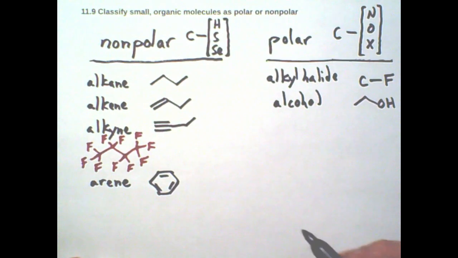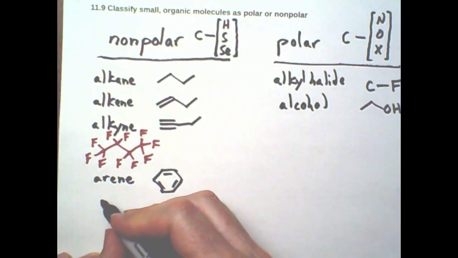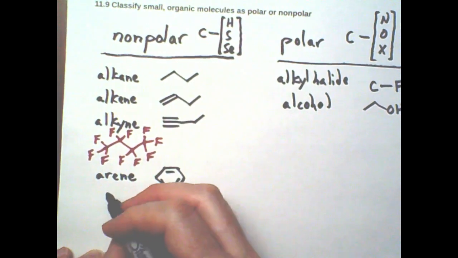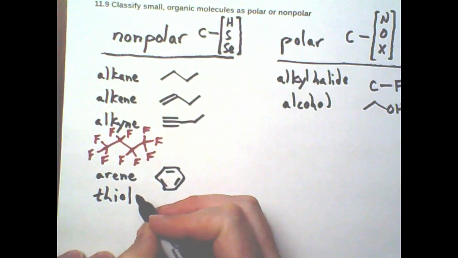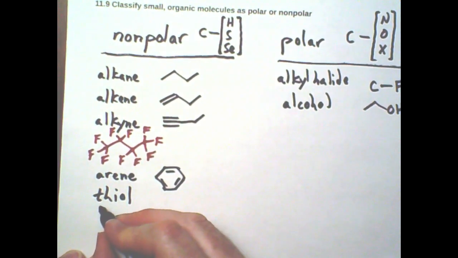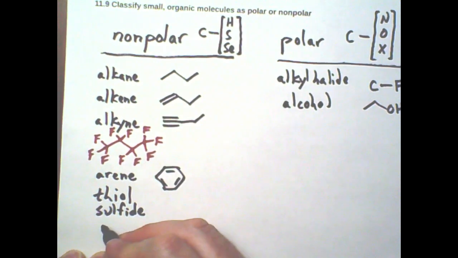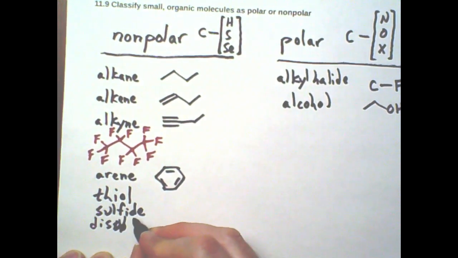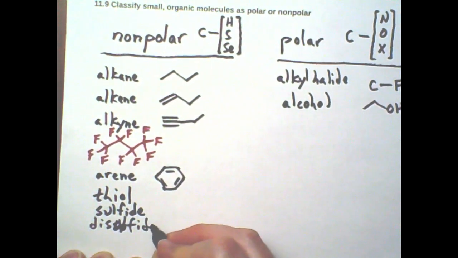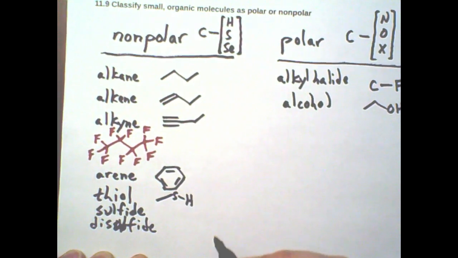Thiols, they're a little iffy. I'll put them in the middle, but no, I'm going to put them here. Thiols, sulfides, disulfide. A thiol might be a tiny bit polar.